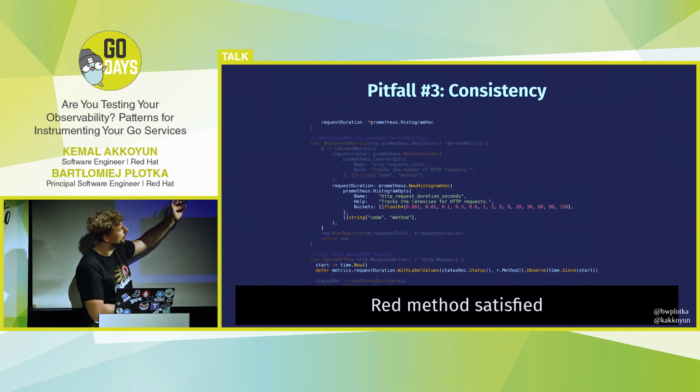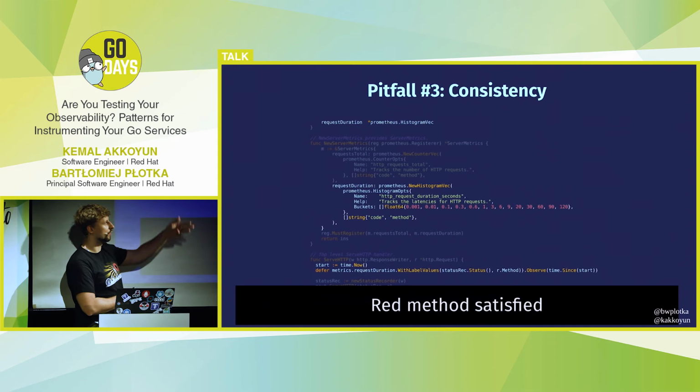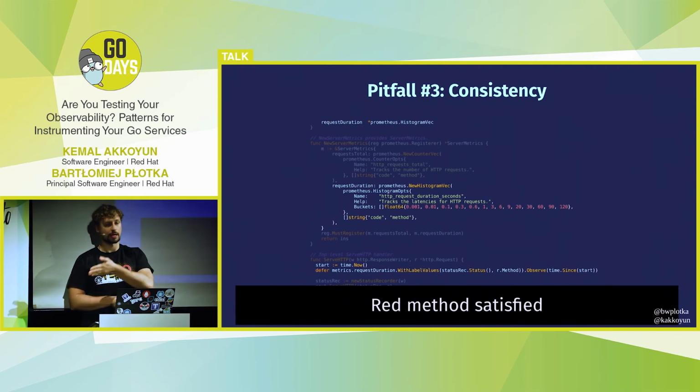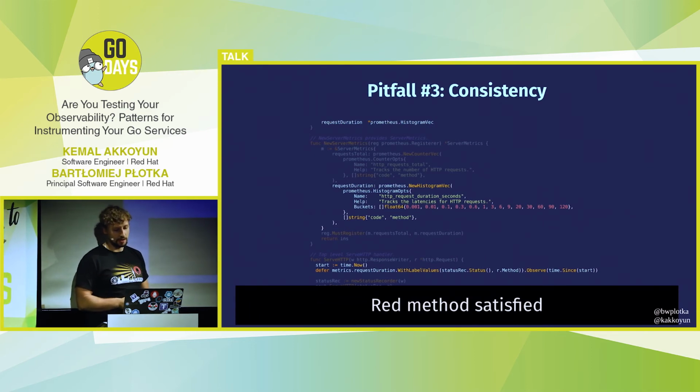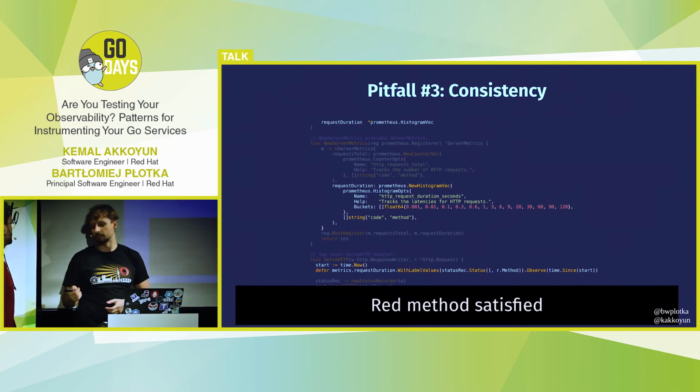So if it took 1 second or 2 seconds, it will be in the 3 second bucket, for example, because it's lower than 3. And why we do buckets will be explained by Kemal in a second, but essentially with this we have latency, and we satisfy the RED method and we can use the common tooling. So with this I will pass the mic to Kemal for further pitfalls.